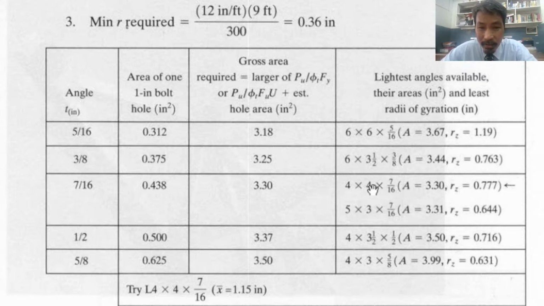Therefore, the lighter the metal, the more economical it would become, and that is the most economical solution if you are going to compare. So compare them. This is the most economical solution.